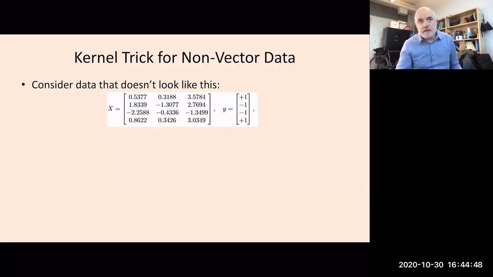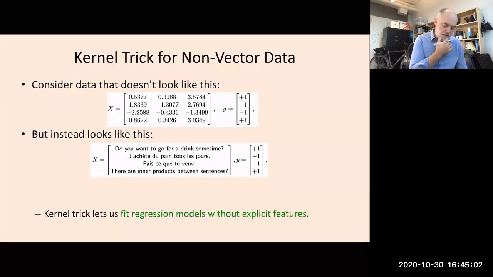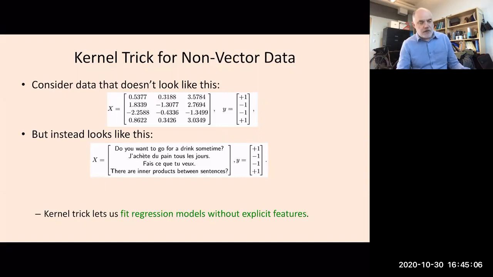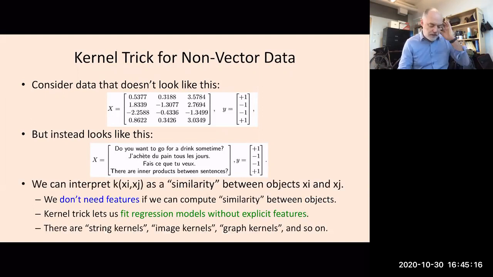Additionally, kernels allow us to think about some other stuff. We've had this ongoing discussion about data that doesn't look like real-valued matrices, like English versus French sentences. One of the nice things is that the kernel trick allows us to fit regression models without explicitly constructing features. What we're really looking at are similarities. So we don't need to explicitly construct these features if we can compute the similarity between the objects.